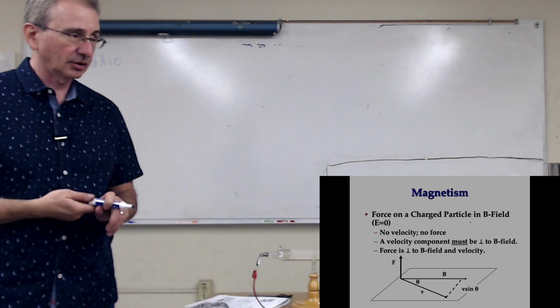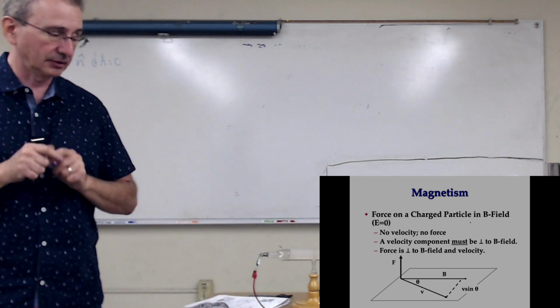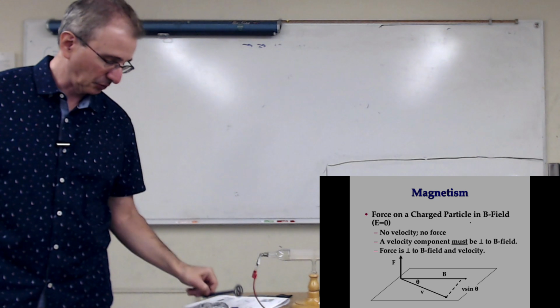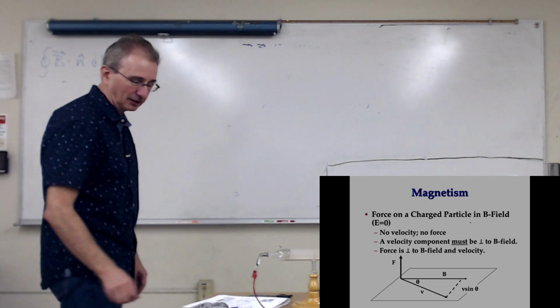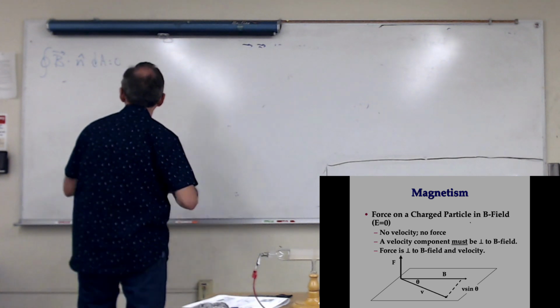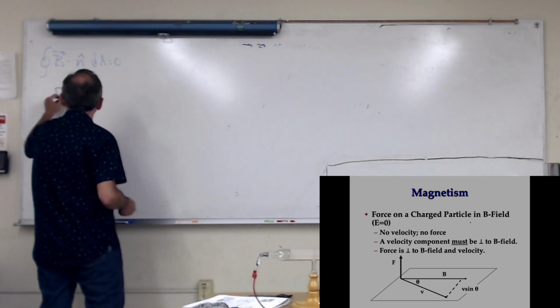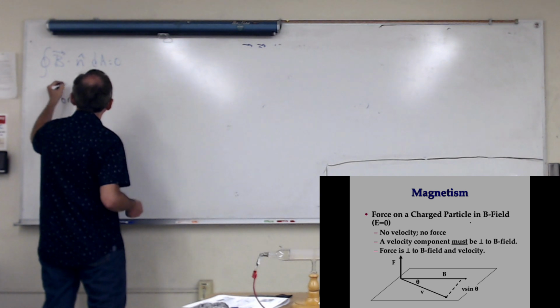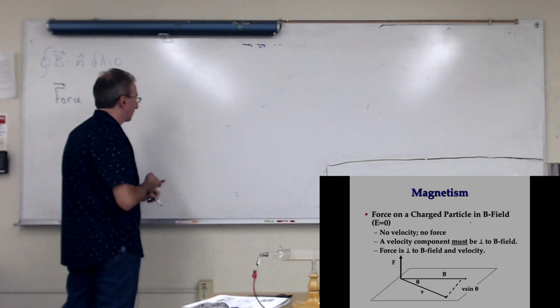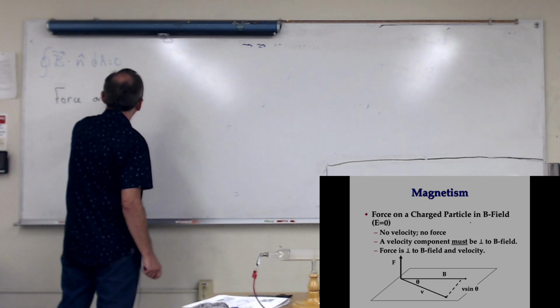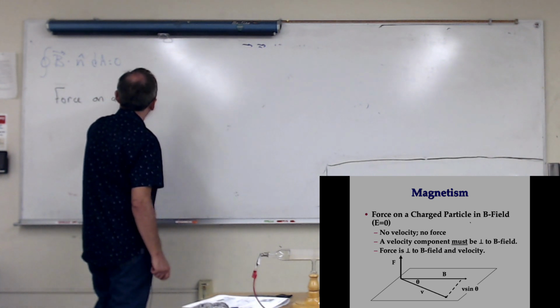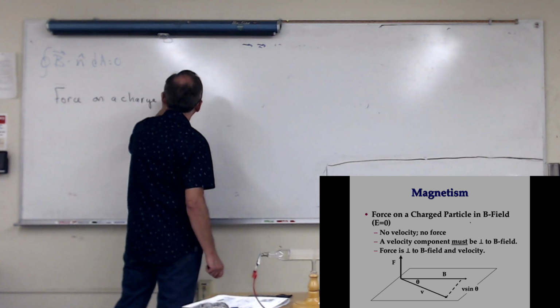Now let's talk about the force on a charge in a magnetic field. We can derive this equation, but I was going to state it from experiments. Now that we know a little bit about the magnetic field and magnetic field lines, let's talk about the force on a charge in a magnetic field.